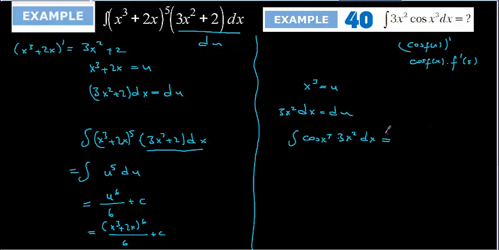Then 3x squared dx is going to be equal to du, cosine x cubed is equal to cosine u, cosine u du, and we know the integral of cosine from the third lesson or fourth lesson, I don't remember, trigonometric integral, it's going to be equal to sine u plus c, which is equal to sine x cubed plus c.